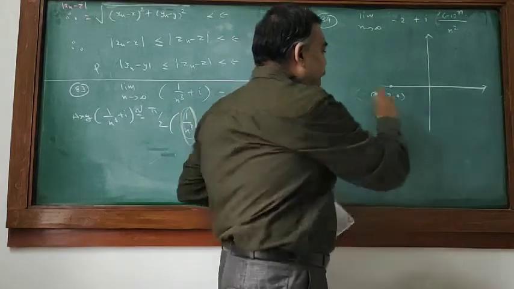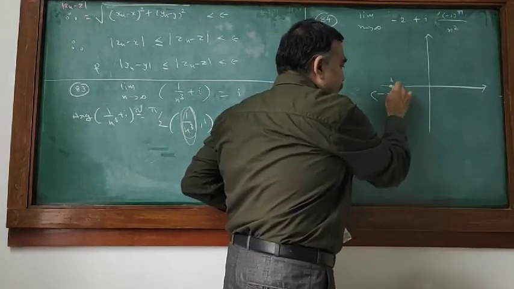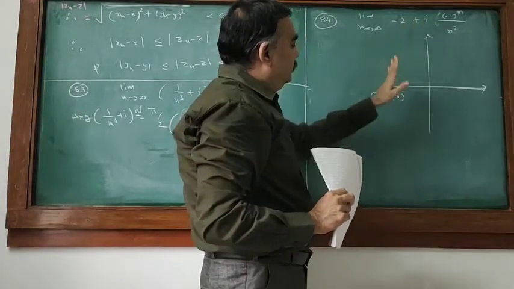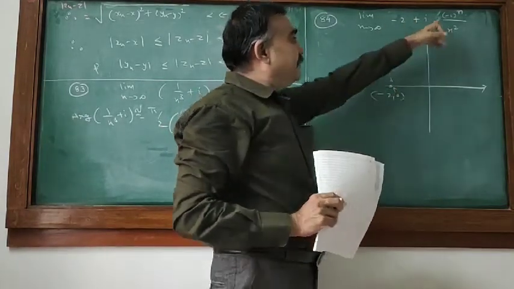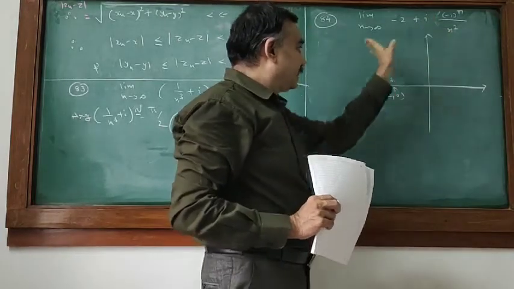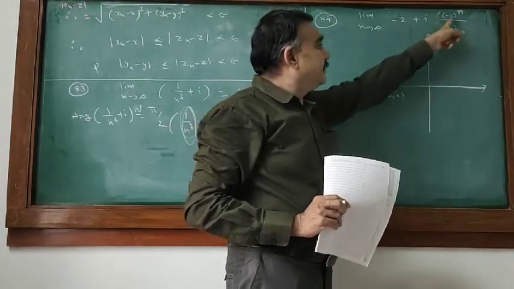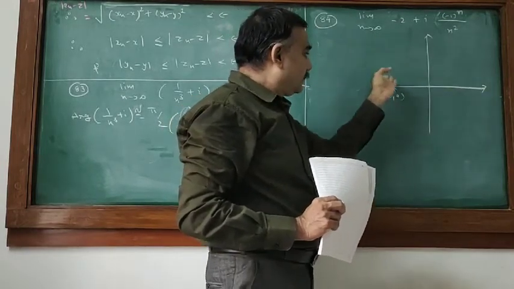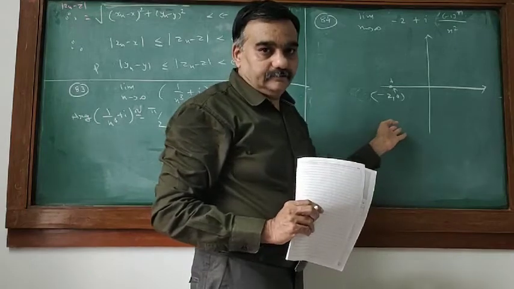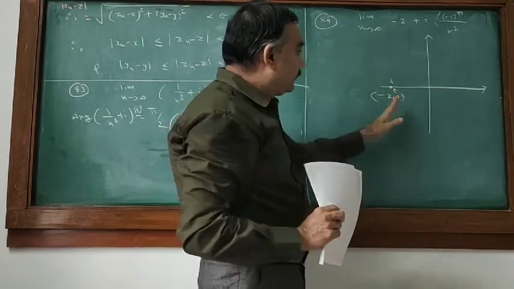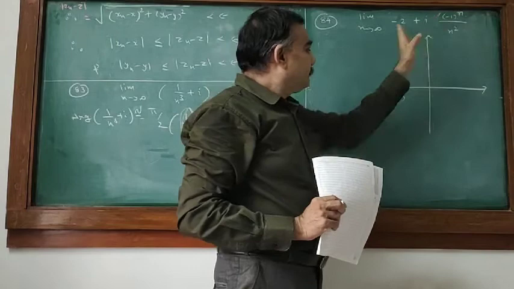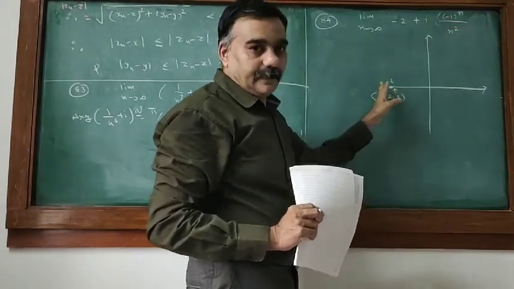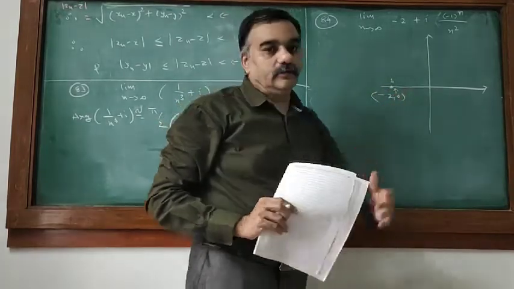And this point is maybe on this side or maybe on this side. If it is positive, then it is from this side, and if it is negative, then it is from this side. It means it is within the second quadrant or the third quadrant. So the argument of this, if it is from the positive side, is pi, and if it is negative, then the argument is minus pi. Okay, I conclude this lecture here.